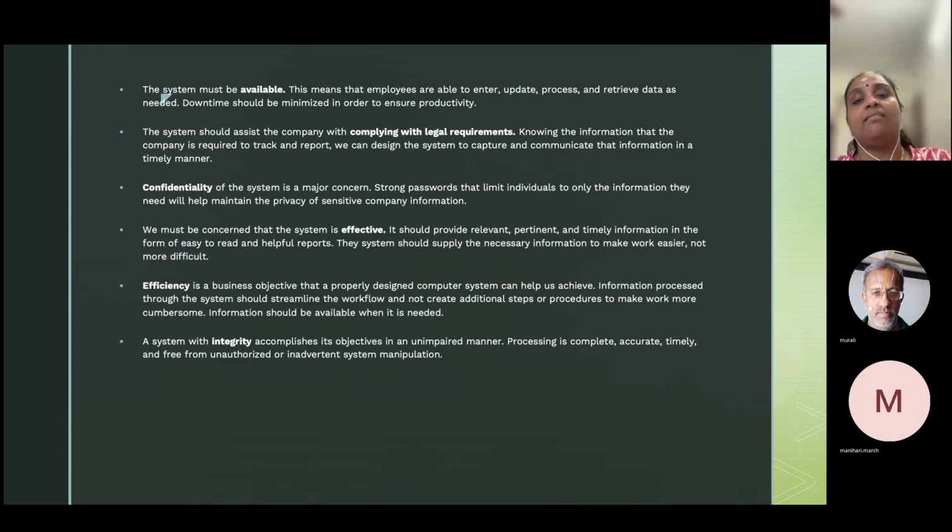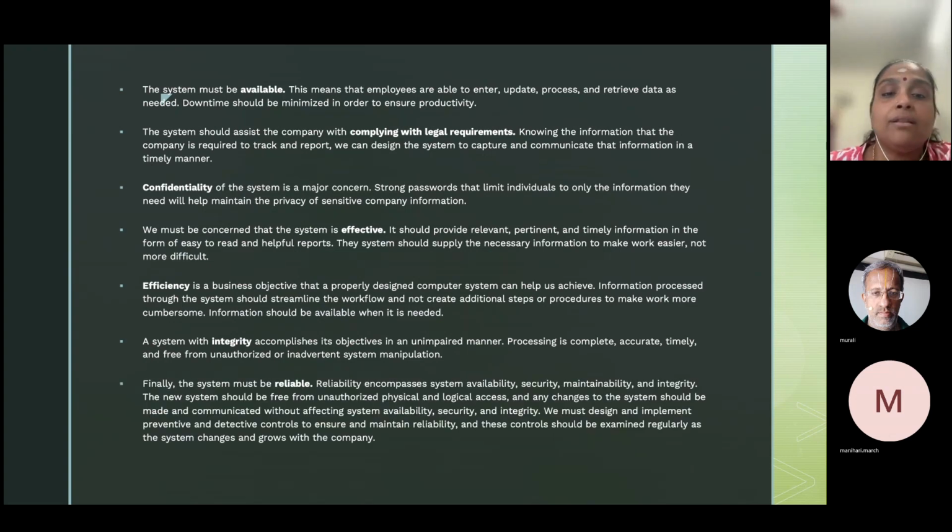Then integrity, in an unimpaired manner, processing is complete, accurate, timely and free from unauthorized or inadvertent system manipulation. Then the system must be reliable. Based on reliability, there could be a lot of questions, because reliability means everything put together. It is available, it is safe, it is maintainable, there is integrity, everything.